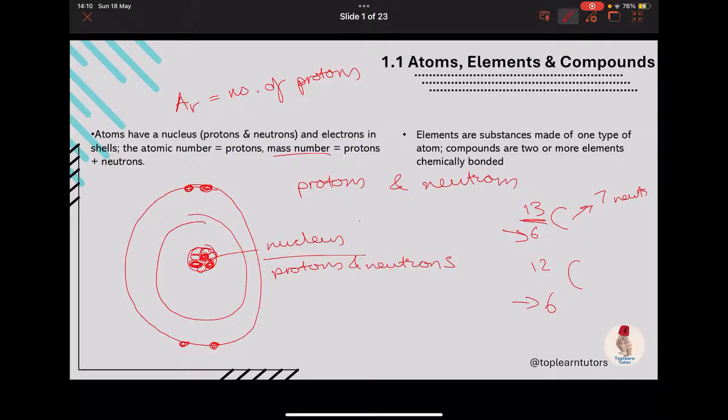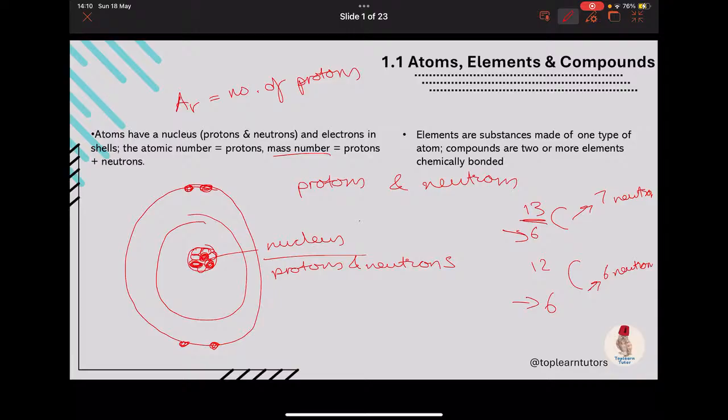However, in the isotope beneath it, we have 6 neutrons. Therefore, they are both carbon atoms with the same number of protons. However, as the number of neutrons are different, they are isotopes, so the mass number is different.